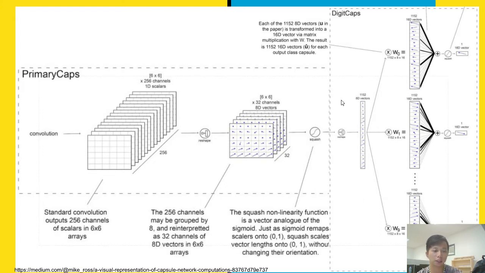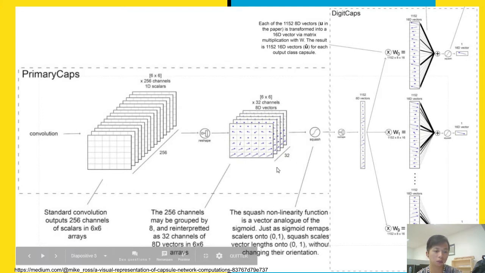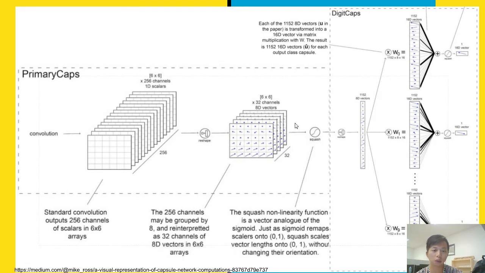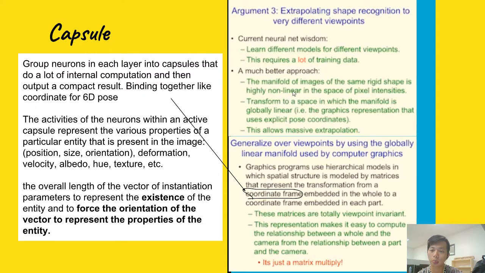And the last part is about routing. Here they propose a dynamic routing process to replace pooling. So now we have all the ideas of how they propose it and how it's used, and let's take a look at how they are realized in a real experiment.